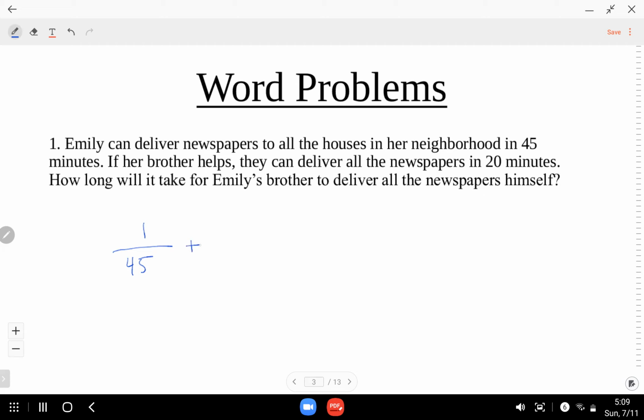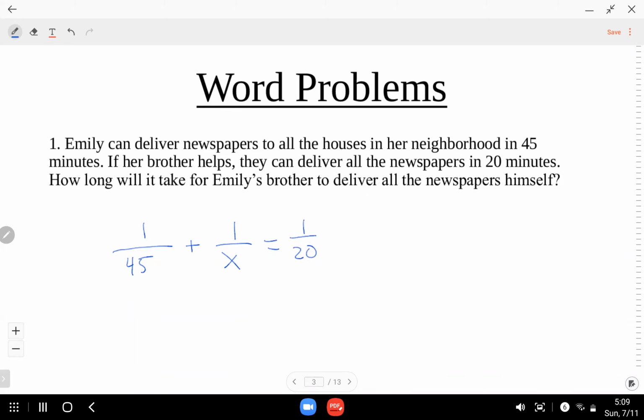And then we're going to add that since her brother and Emily are working together to deliver these newspapers. So that'll be 1 over x, since we don't know how long it will take for Emily's brother to deliver newspapers by himself, and that equals 1 over 20, because together, combined, they delivered newspapers in 20 minutes.